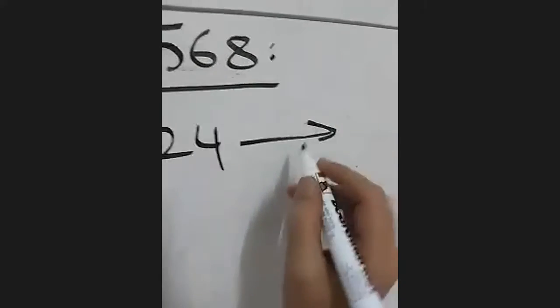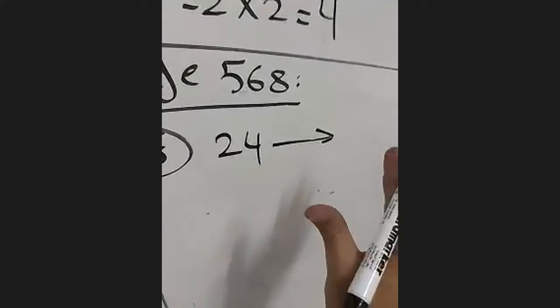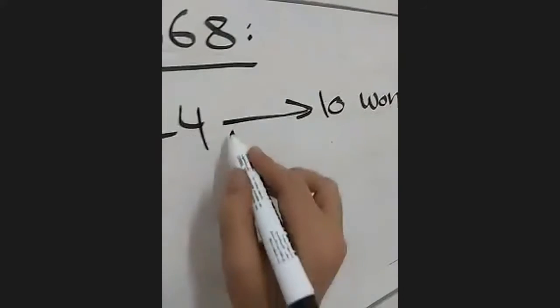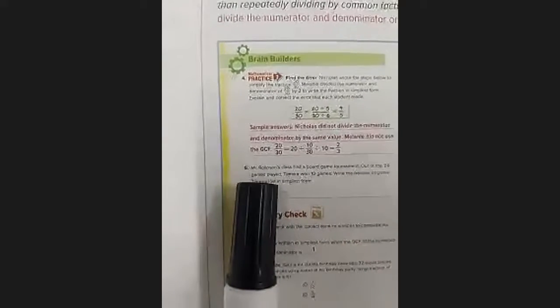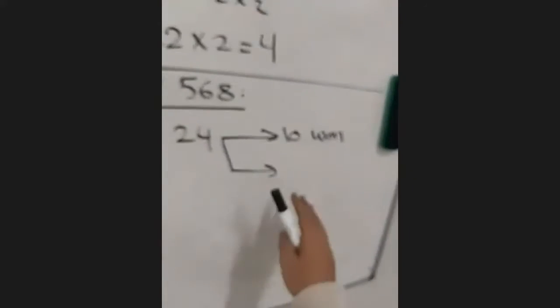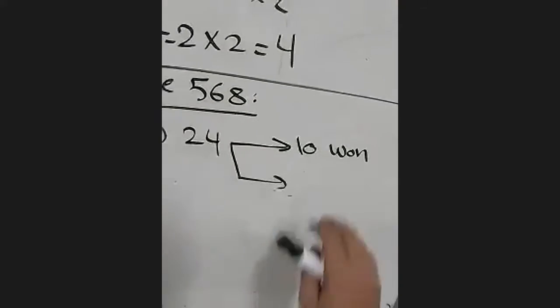How many games did he win? 10 games won, right? The question asks which Timika lost, right? So how many games did she lose?